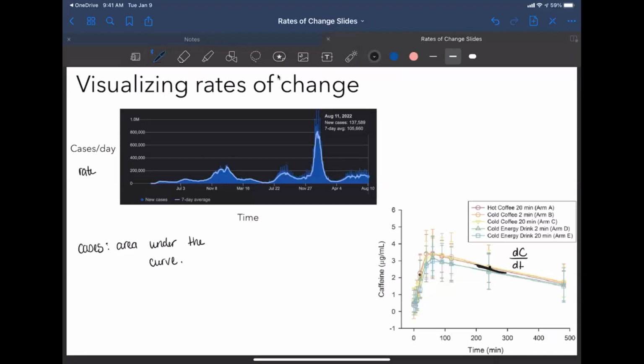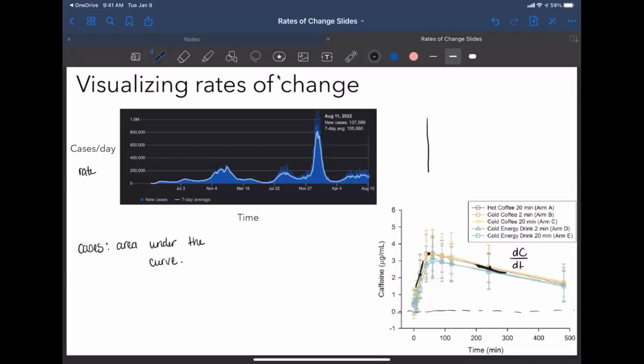Over here, early on, the slope, or dC/dt, will be positive and very fast. While the amount of caffeine is always above zero, the rate changes from being positive to negative. The rate at which the amount of caffeine in the bloodstream is increasing is very fast and positive up until it reaches its maximum.